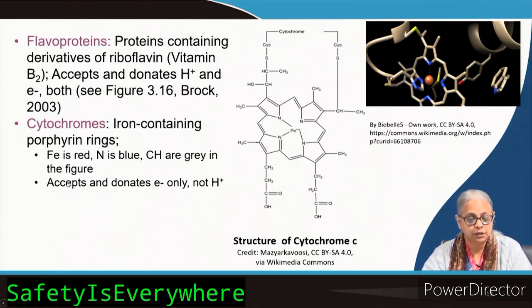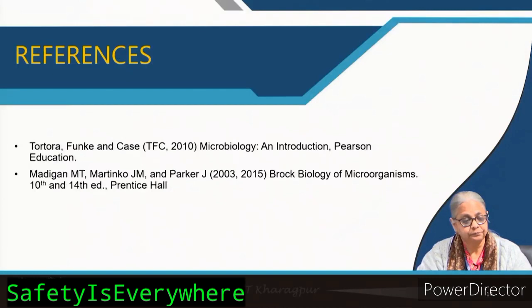And you have the fact that these cytochromes can accept and donate electrons only, they do not do anything with protons. So these are two different types of carriers, and they are both very crucial because one set of them can both accept protons and electrons and the other one only electrons.